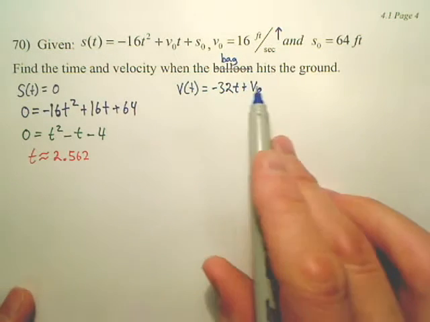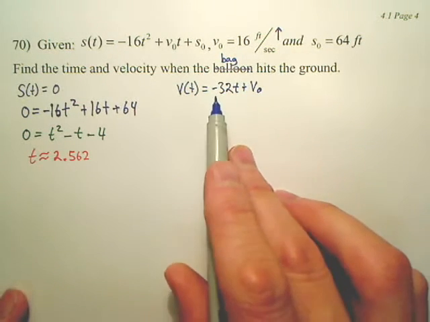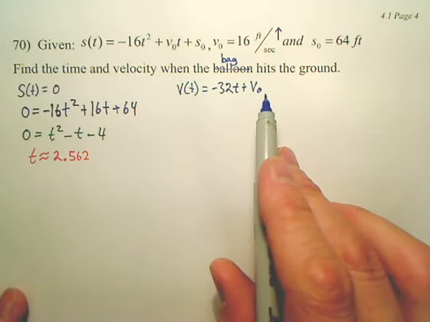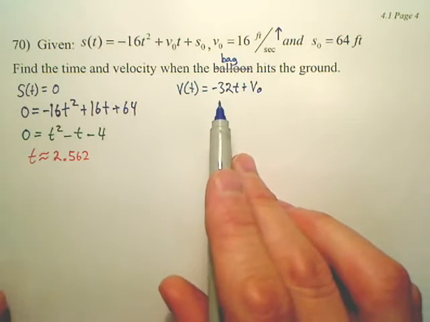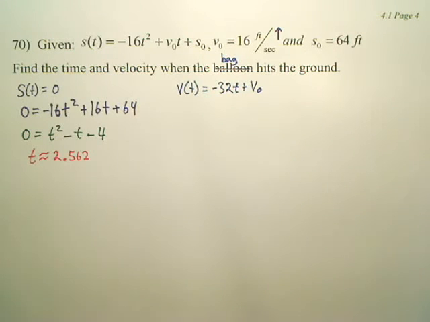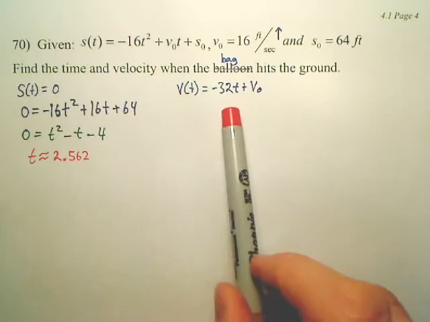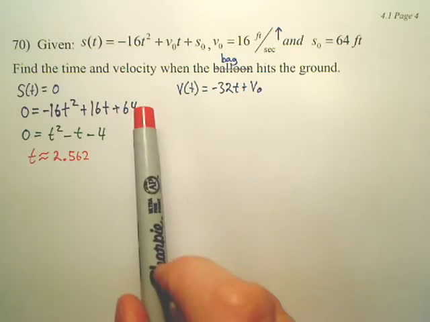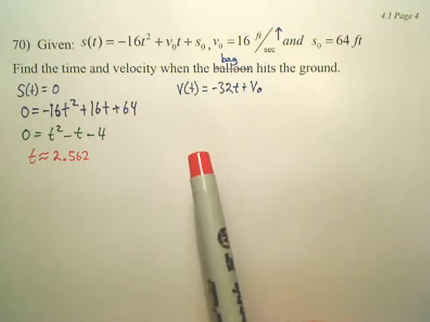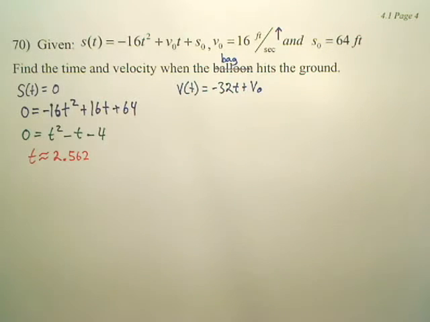That is the formula for velocity. We did that last time. If you look at the previous problem, which is not on this video, we found that formula by taking acceleration as negative 32 feet per second squared and working our way down.